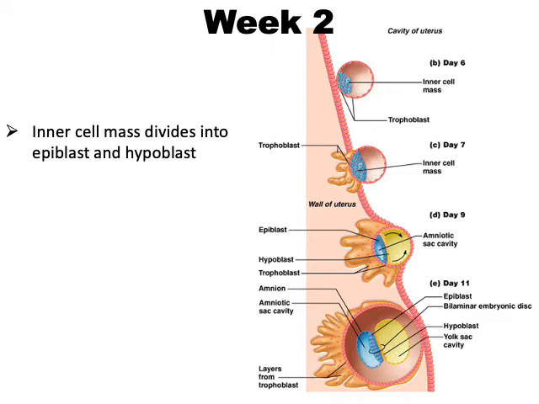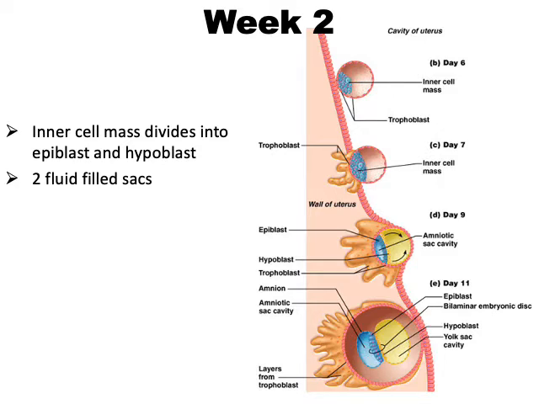Going into details on the process of implantation, you can see that in week 2, actually on day 6, the blastocyst tries to attach itself to the uterine wall. You can see here that the inner cell mass will divide into two layers, the epiblast and the hypoblast, and the trophoblast starts to implant the blastocyst into the wall of the uterus.